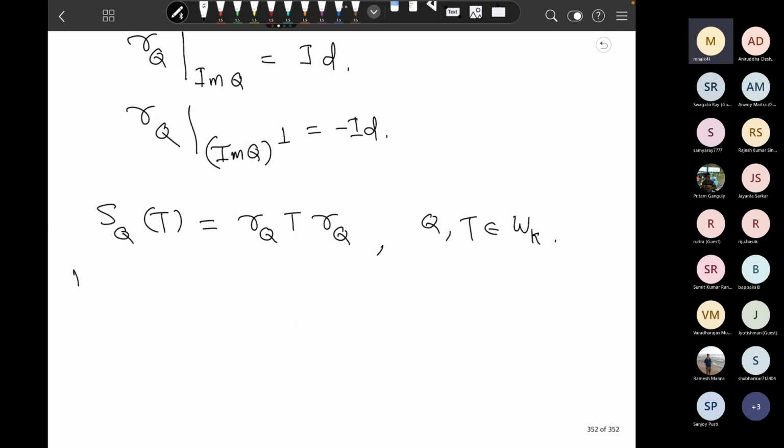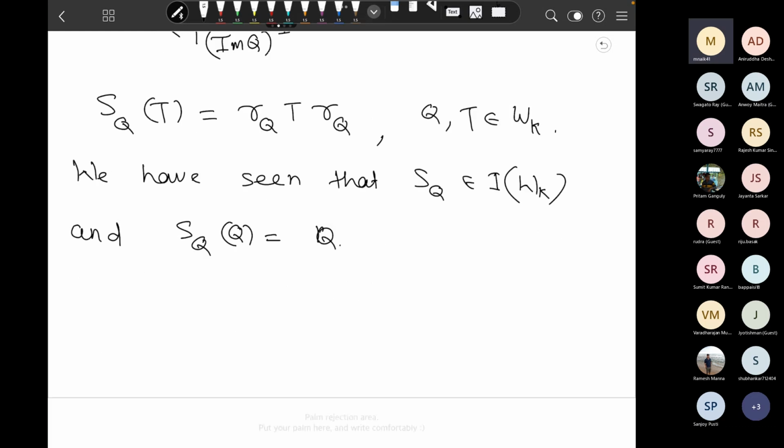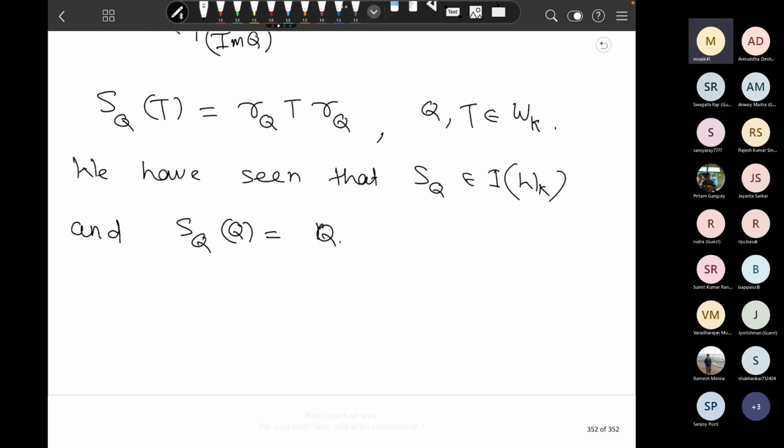So we have seen that S_Q belongs to the isometries of W_K, and S_Q(Q) is equal to Q. So today we want to show that dS_Q at Q is equal to minus identity. We need to show that.